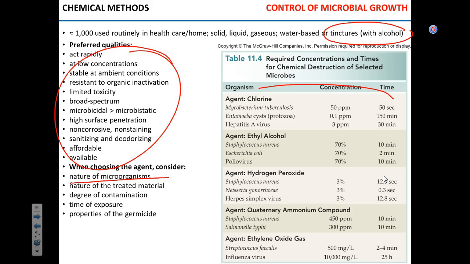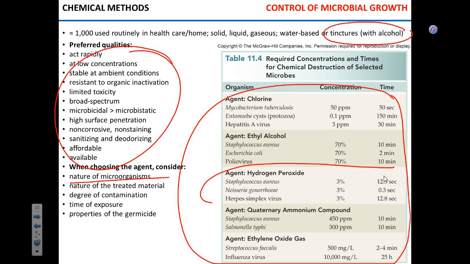This table gives you a rather non-systemic view of different germicides. One obvious leader is hydrogen peroxide. It kills all kinds of things very quickly.